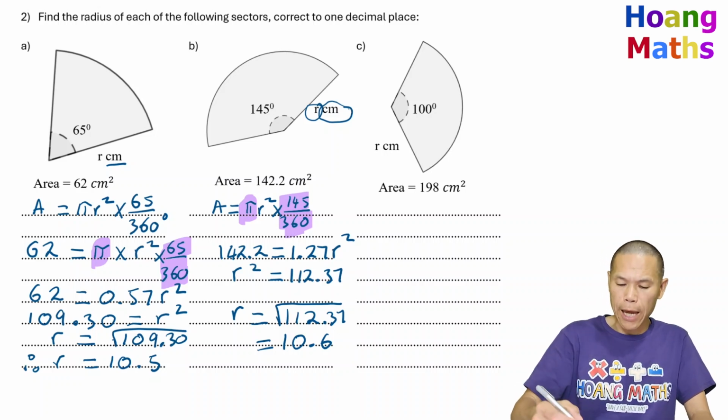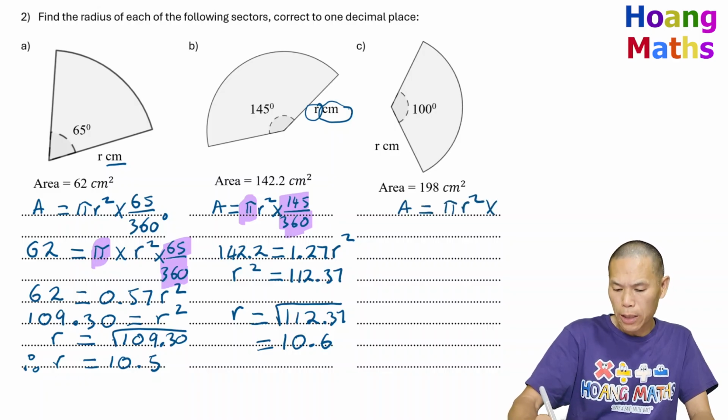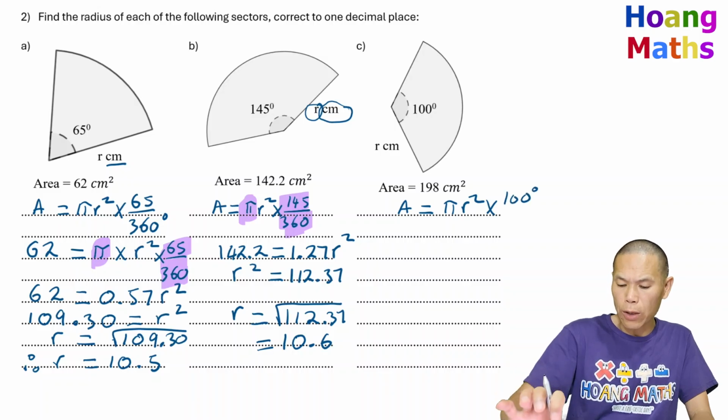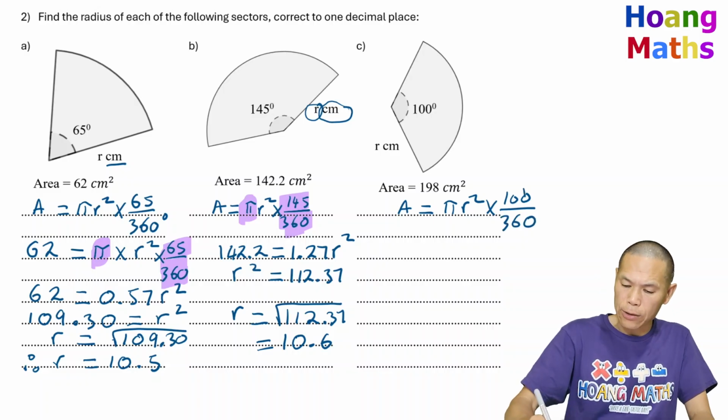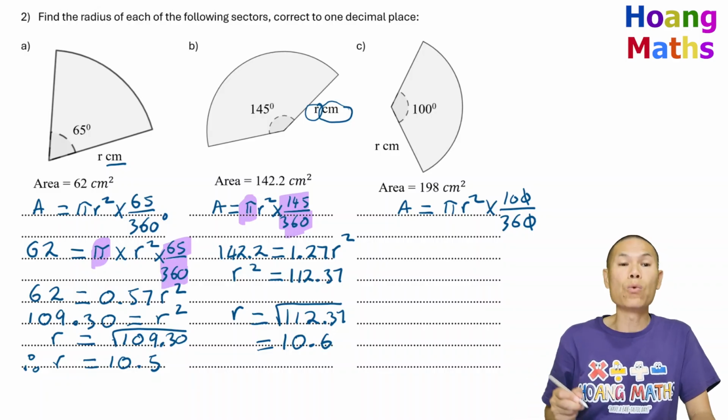Part C, again, area of a sector is pi r squared. We times 100 degrees. I can just write 100 out of 360. And I can cancel this 0. So now the radius, we need to work it out.